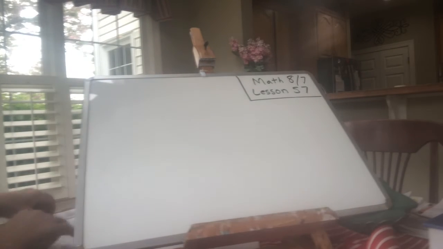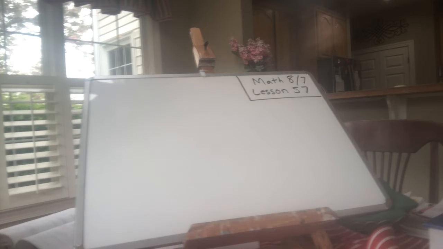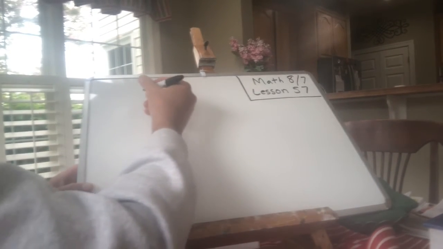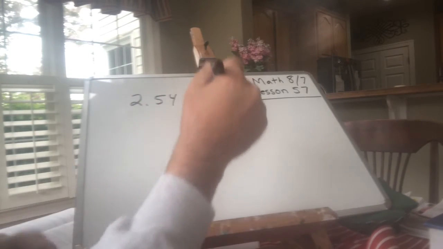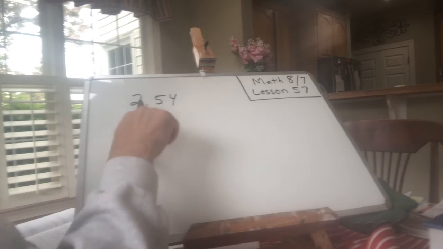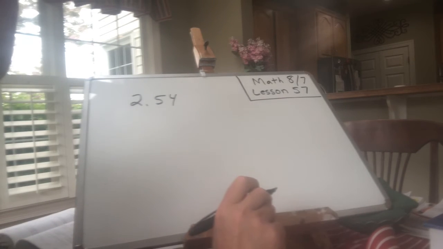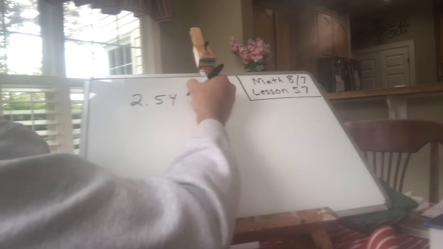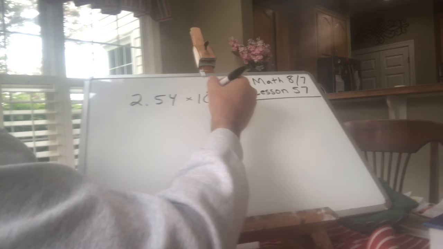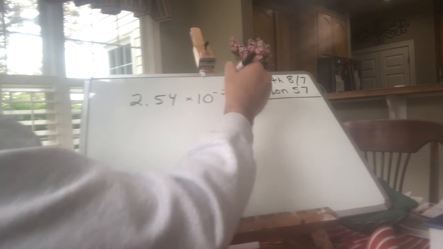Moving on to our next part, we're getting into scientific notation now. One of the examples it gives us is 2.54, which by the way is an interesting number because 2.54 is the number of centimeters in 1 inch, but we're not getting into that. 2.54 times 10 to the negative 2.